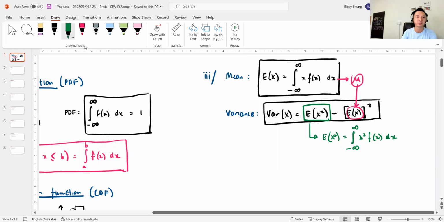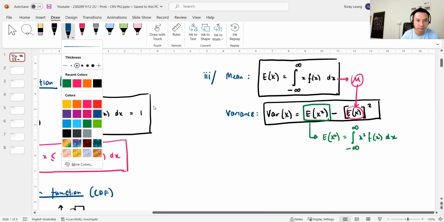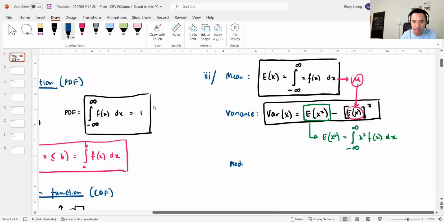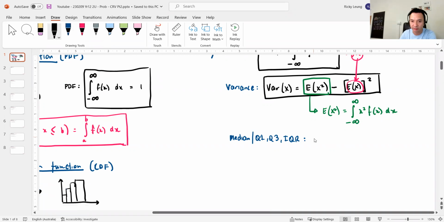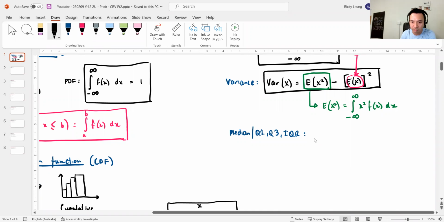Same thing there. Now, I want to talk about the median, lower quartile, which they call Q1, Q2, also Q3, and IQR, the interquartile range. They also use this concept. To be absolutely clear, when we plot probability here, I can have a probability of 0, 1, 0.5 there, obviously 0.75 here, 0.25 here.